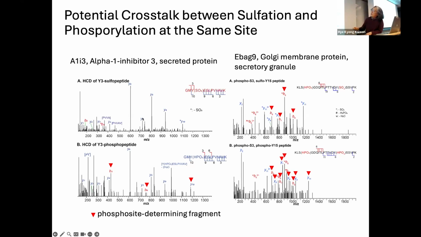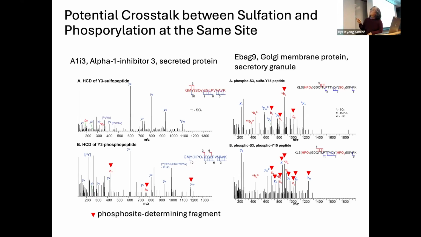But when it's phosphorylated on tyrosine, the same site here, because tyrosyl phosphorylations are chemically more stable, these fragments retain the phosphorylation. So by this spectrum, we can accurately localize the phosphorylation site on this tyrosine.